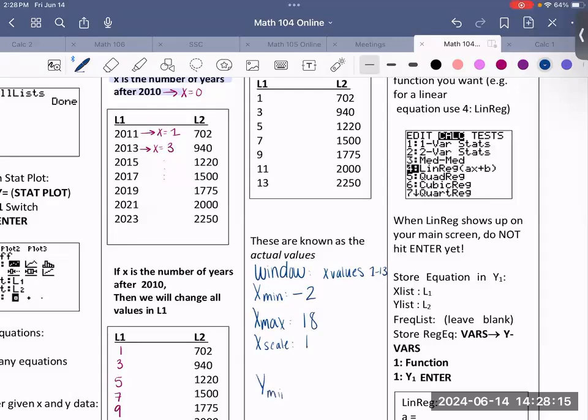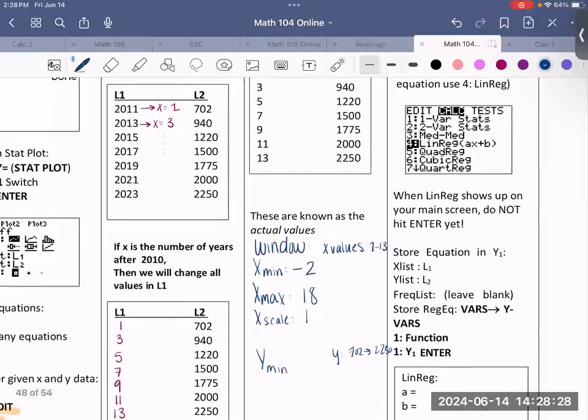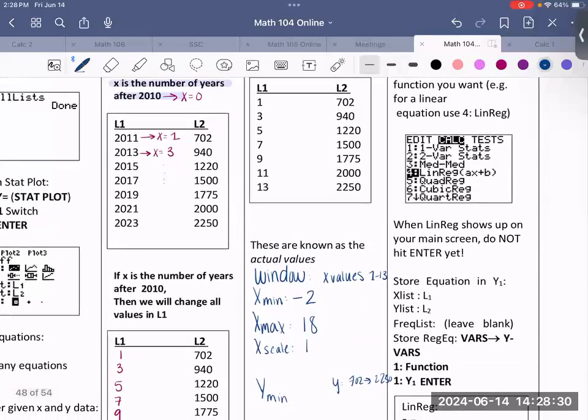Now let's take a look at your Y's. Your Y's go from 702 all the way up to the highest one, 2,250. So your Y minimum, if you wanted to start at 0, that's okay.